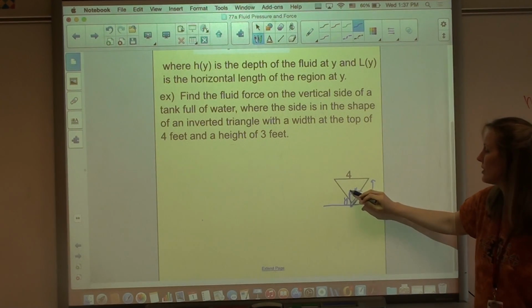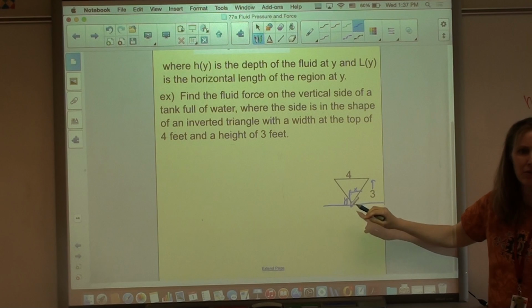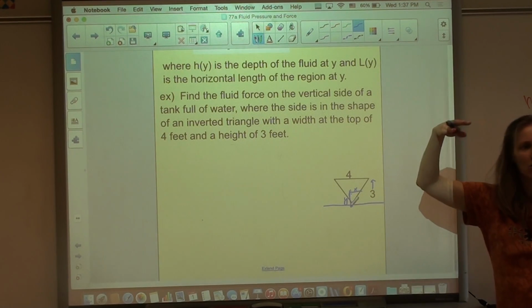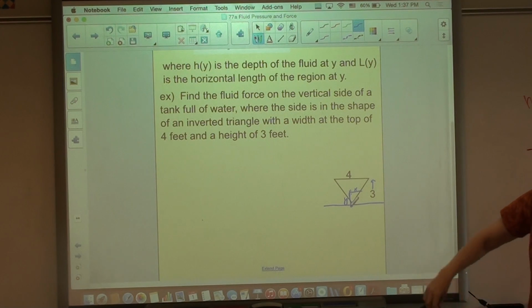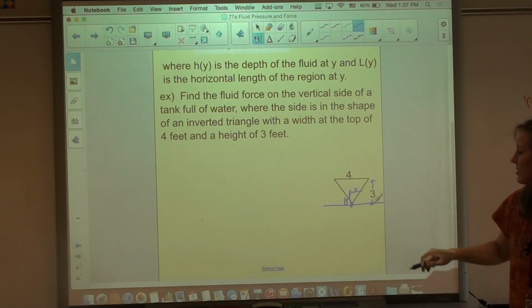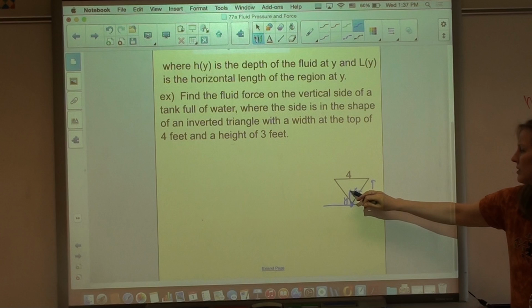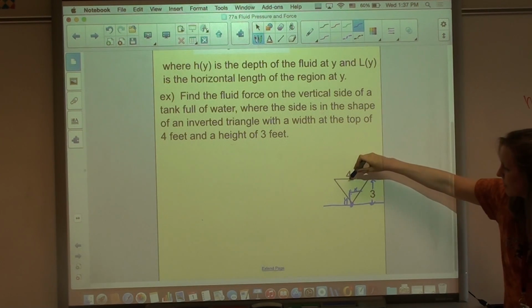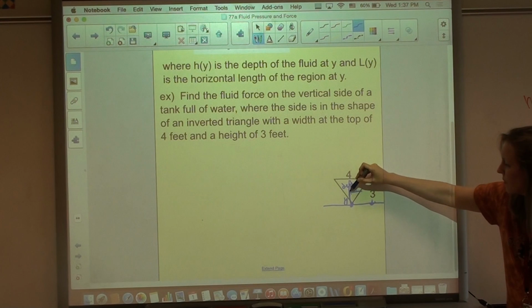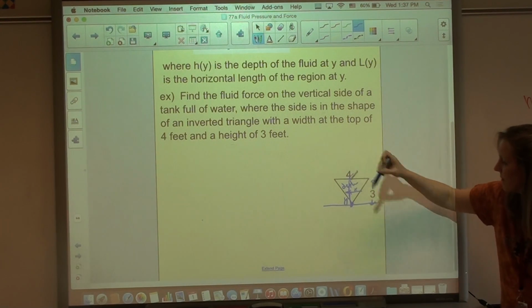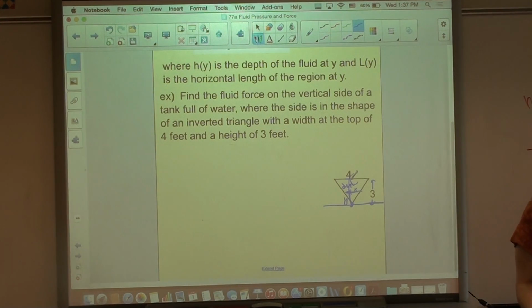The depth of water is not y, because that would be bottom up, and depth is always measured from the top of the liquid down. So if the height of the whole tank is 3, and this distance is y, this would be my depth, right? So what would this depth be? 3 minus y. Does that make sense? Okay.